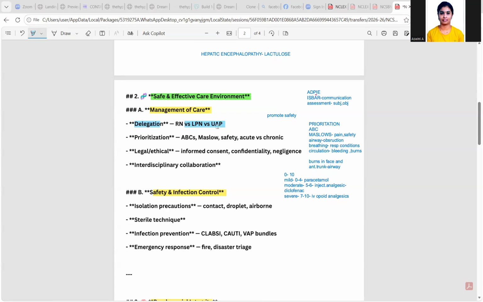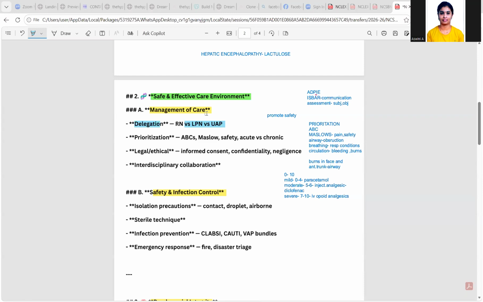Oral medications and some injections, like IM and subcutaneous injections, can be given by the LPN. But the UAP cannot administer medication; they can only give basic care, meaning basic care and comfort, as well as catheter care, and turning the patient, that is position change.